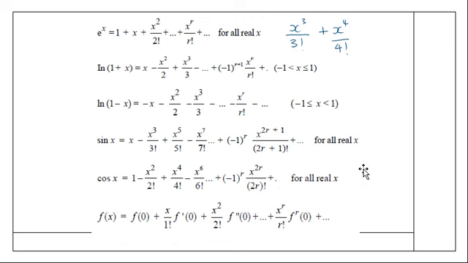Now, what these allow you to do is, let's say I wanted to estimate the value of e to the 0.5. According to this, it would be equal to 1 plus, we're plugging in x as 0.5.